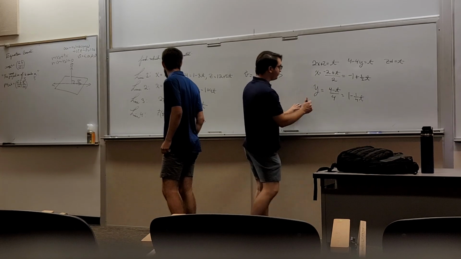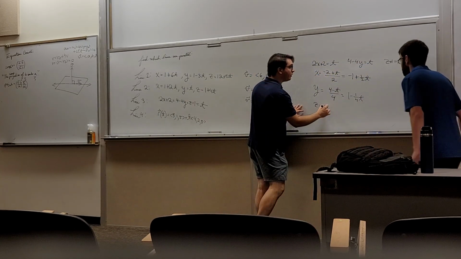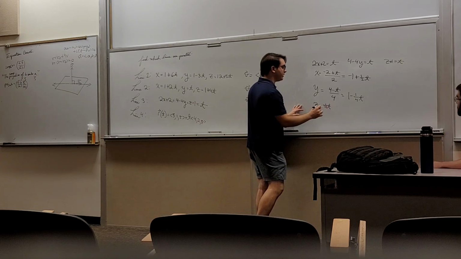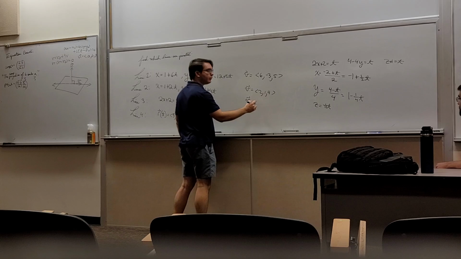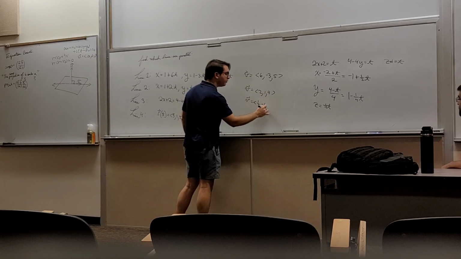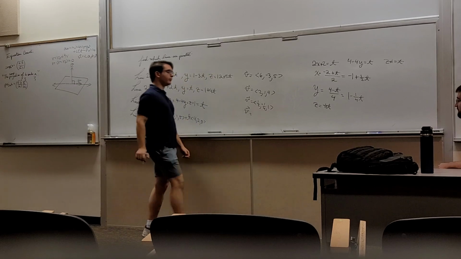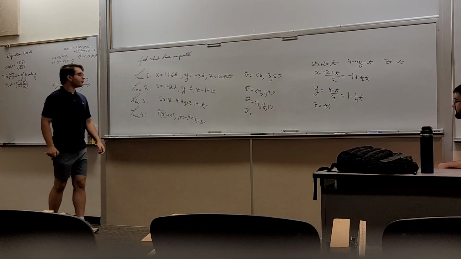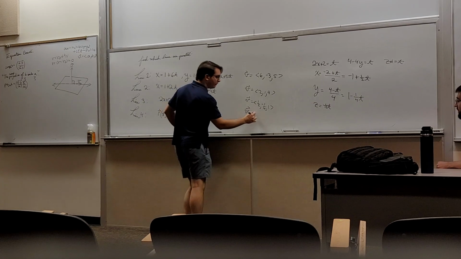And then z will equal, there's just 1. Okay? So my position vector will be 1/2, negative 1/4, and 1. Right? Okay? So now, line 4. It's very easy. It's just told you. It's 4, 2, 8.